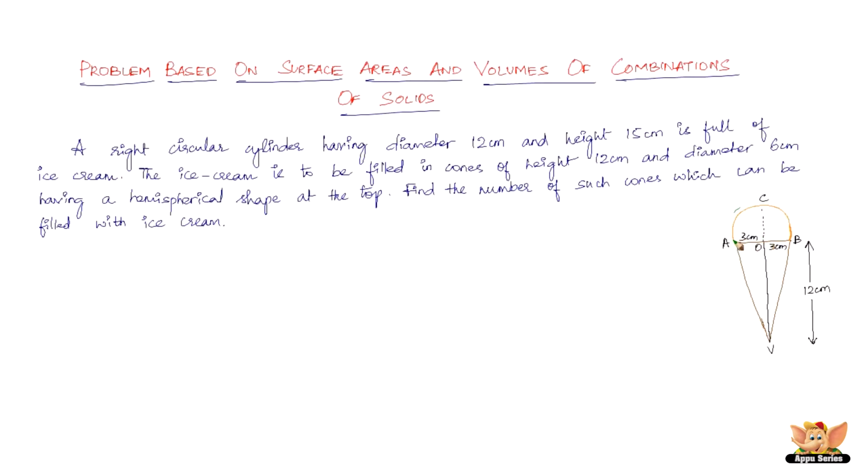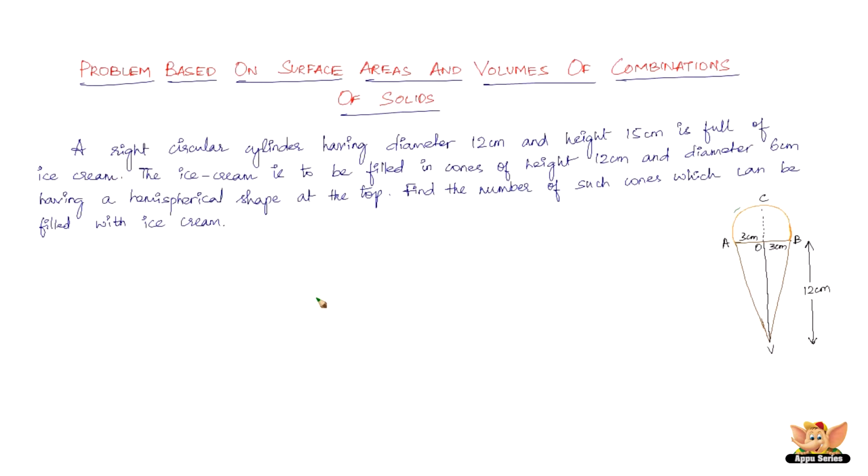It's going to be more than that. Once you find the volume of the cylinder and the volume of this shape, divide the volume of the cylinder by the volume of this one, which will give you the number of cones it will take to fill the ice cream present in the cylinder.